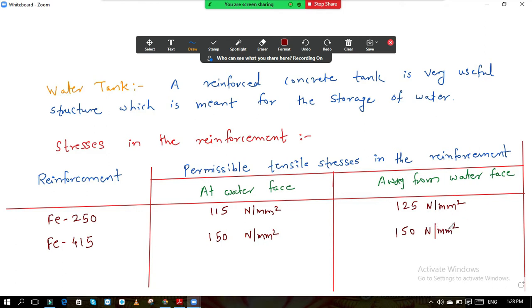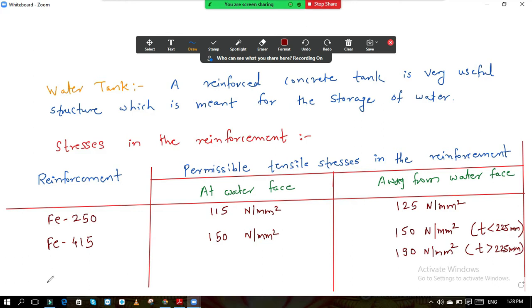Okay. This is 150 Newton per mm square if the thickness of the member is less than 225 mm. And it is 190 Newton per mm square when the thickness of the member is greater than 225 mm. So this is the condition given.